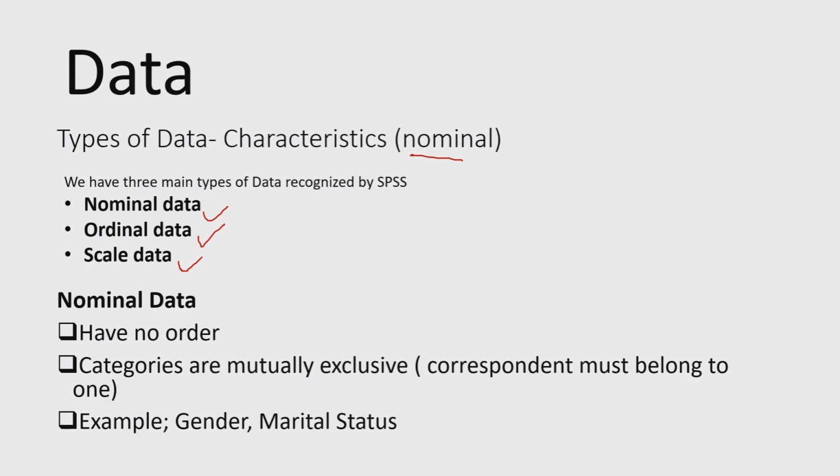Example, gender: you must either be male or female. Marital status: you must either be single or divorced and so on, and there is no order in particular, no one that is higher than the other. There is nothing like stratification here. That is what we mean by nominal data.